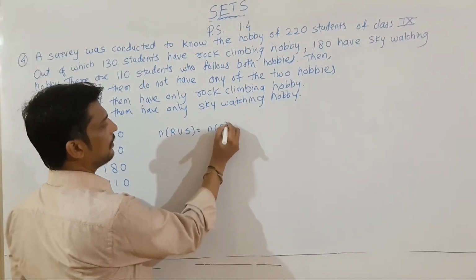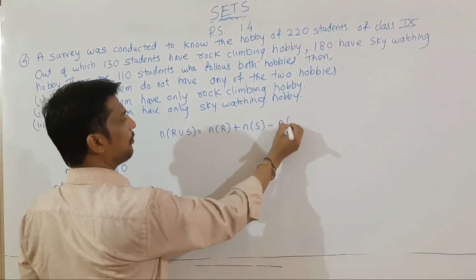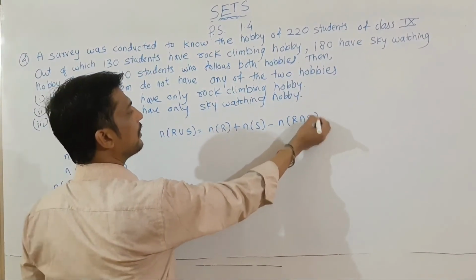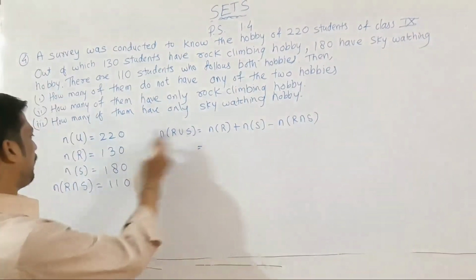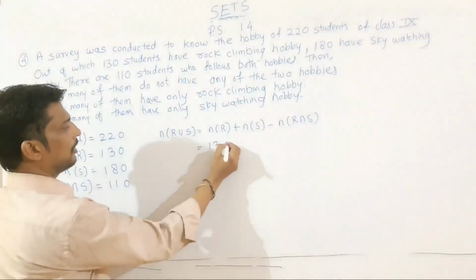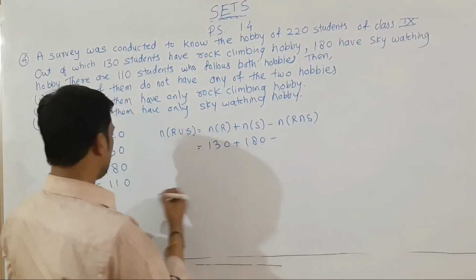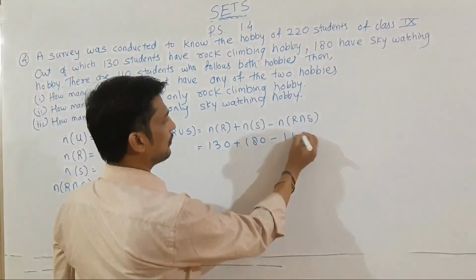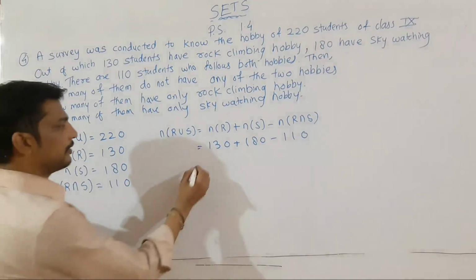Number of R plus number of S minus number of R intersection S. And I have all these values. So I will write it as what? Number of R is what? 130 plus 180 minus 110. Fine. So this will become what? 200.